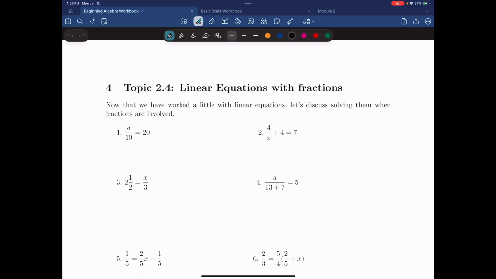For this linear equation, for any linear equation, we want to get the variable on its own. In this case, we want to get a on its own.